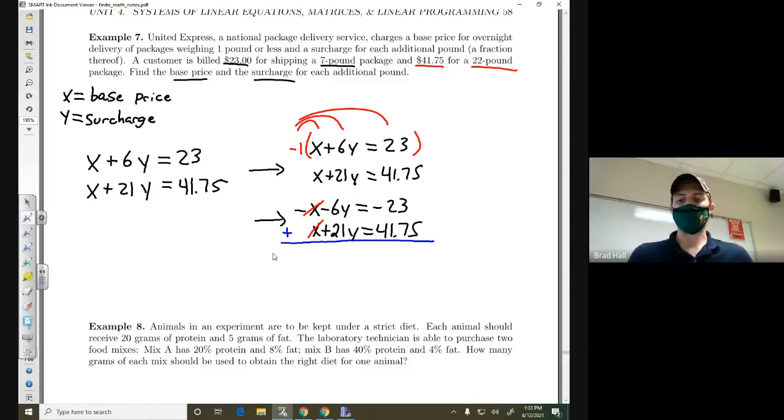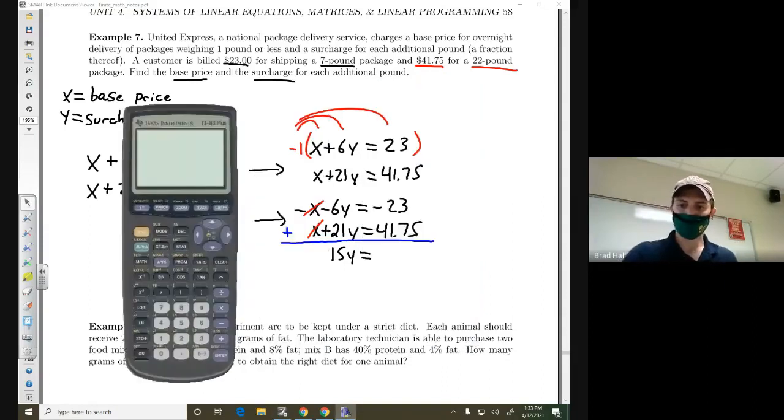So this is pretty much 21 minus 6, that's 15y, is equal to some number. Let's find out. This is pretty much 41.75 minus 23. 18.75.